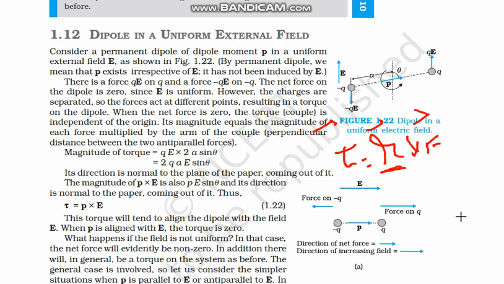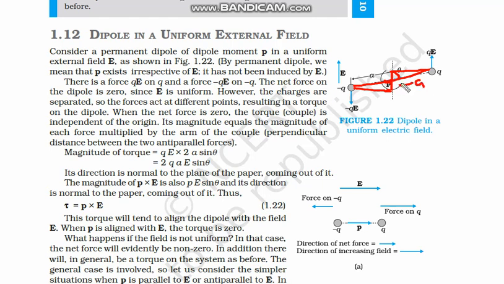So let us see what is here. This angle is theta. This point is P, and this is the setup. A similar setup is here. This angle is again theta. This distance is A, this distance is A, and now we have to calculate the distance on which the torque is acting.